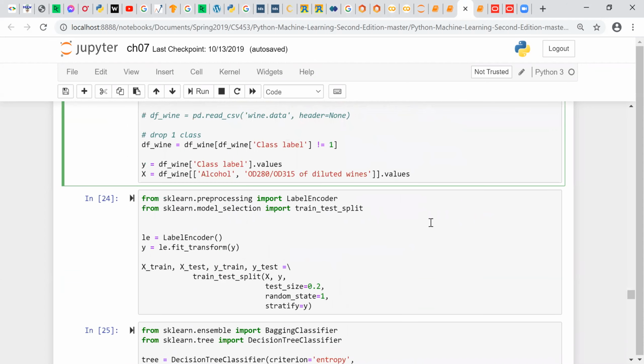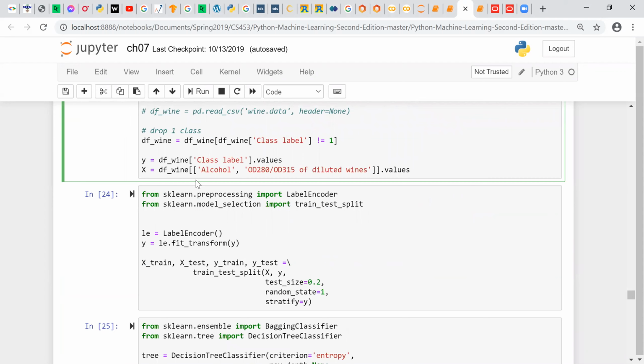And we get the data. Who still remembers what the label encoder is used for? It is used to deal with non-numerical data. So keep that in mind also.